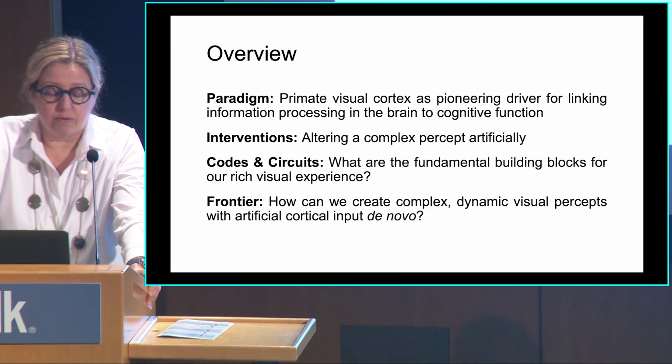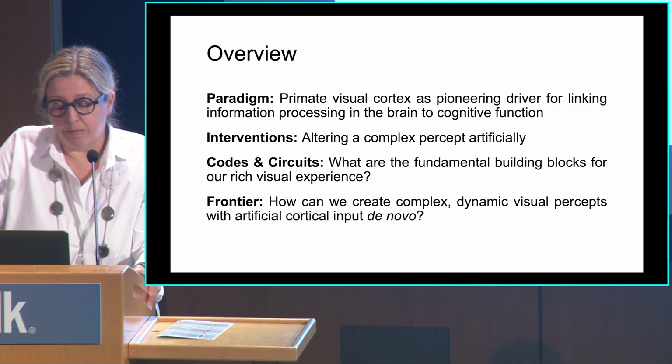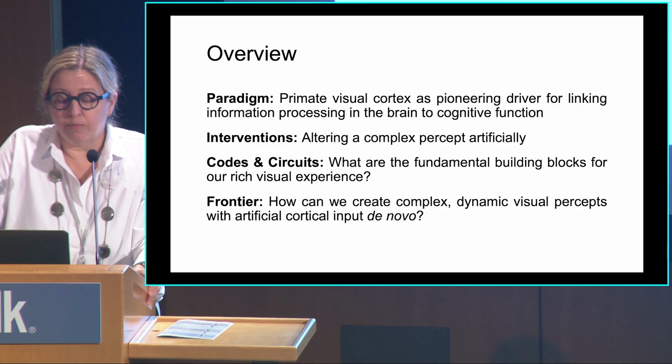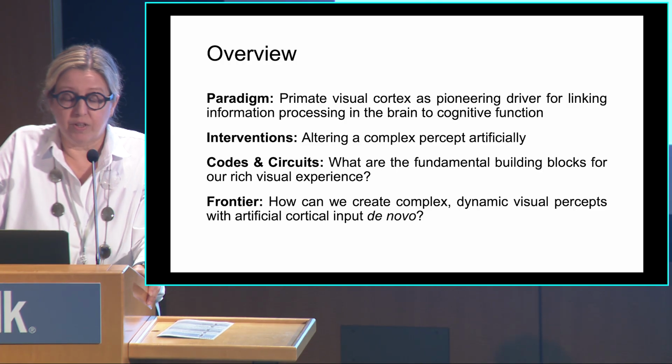In my talk today, I will first take a quick look at the background to the way we do these types of studies in vision and why the primate visual cortex has been such a pioneering driver to understand cognitive function. I will look at direct cortical interventions and how we can already alter complex percepts with artificial input in a very precise and predictable way.